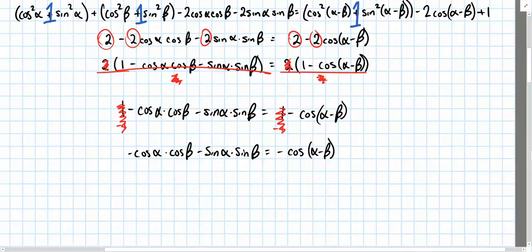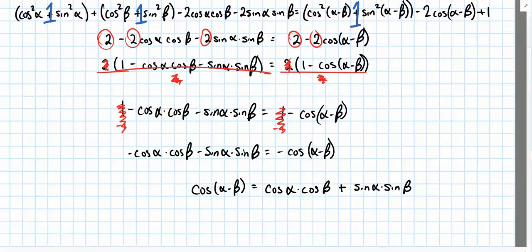And what that leaves us with is a positive cosine of alpha minus beta is equal to a positive cosine of alpha times cosine of beta plus sine of alpha times sine of beta.